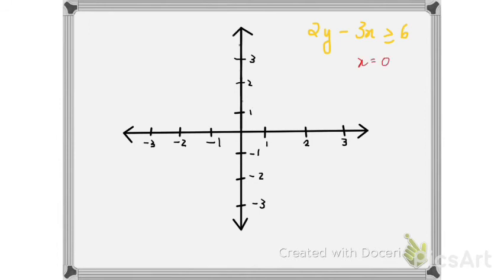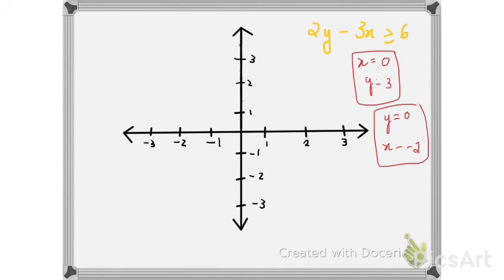So we remain with 6 and 2. So we do 6 divided by 2, which is 3. We got one coordinate. Then we need to find a second one. So we do y is equal to 0 and x is equal to 6 divided by minus 3, which will be minus 2.